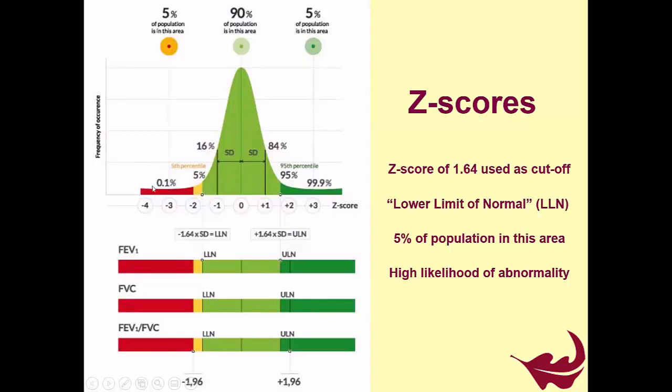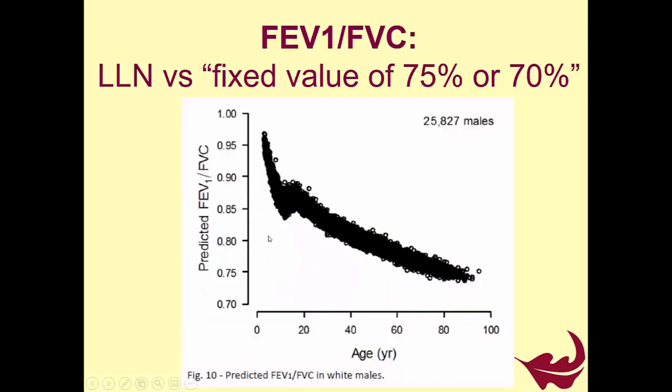In other words, the chances that you are still normal with that value are very low. It's 5%. 95% of people must be higher than that value, and this is how you can see it presented in the values. And this applies to all of these measurements.